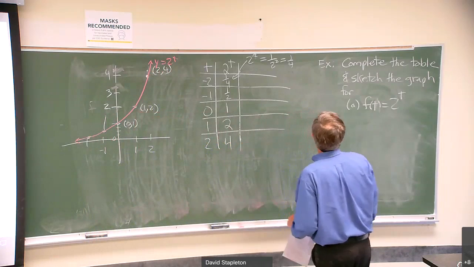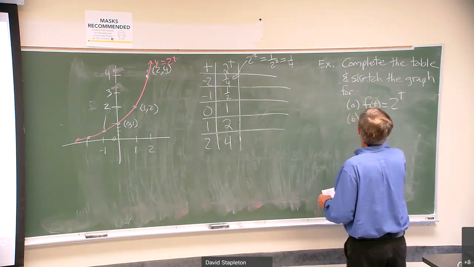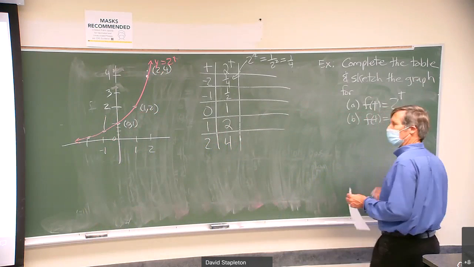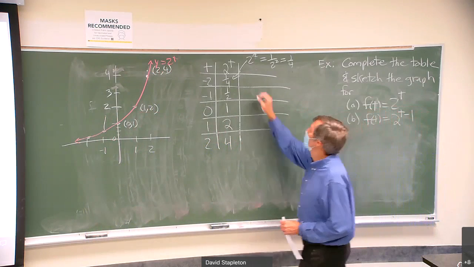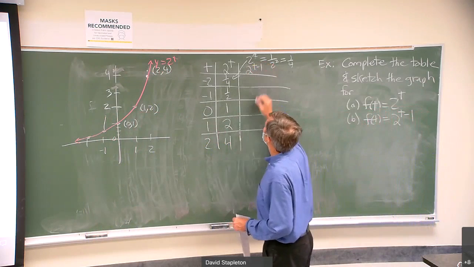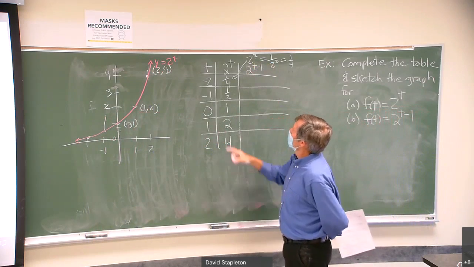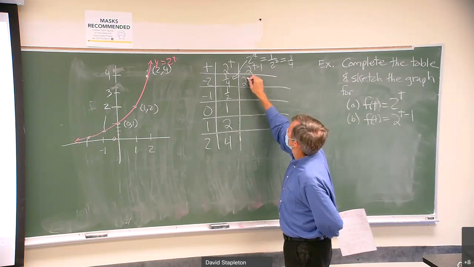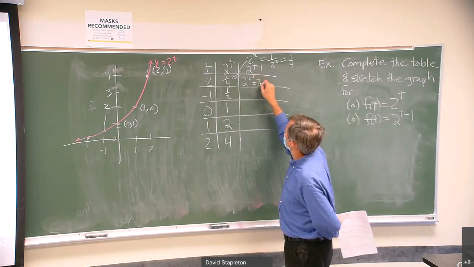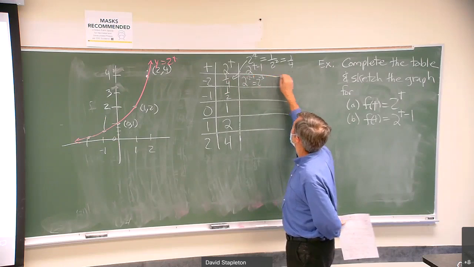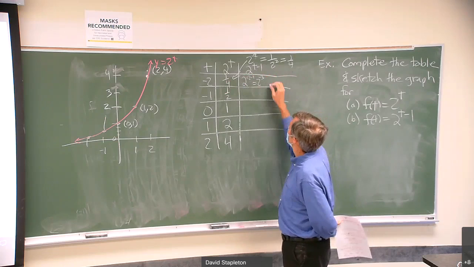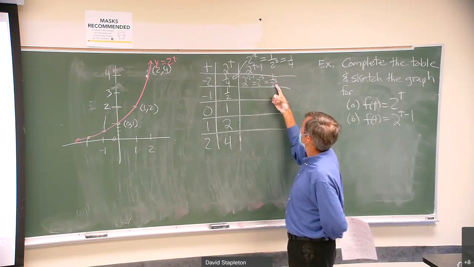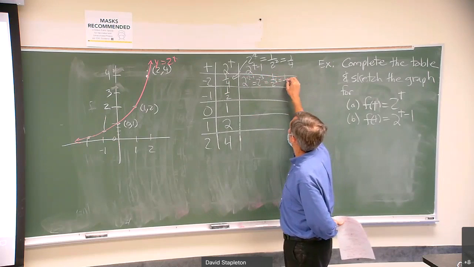But now, for part B, I want to plot f of t equals 2 to the t minus 1. If I put in -2, I get 2 to the -2 minus 1, which is 2 to the -3. What's that? 1 over 2 to the +3. 2 times 2 times 2 is 8, so this is 1/8.